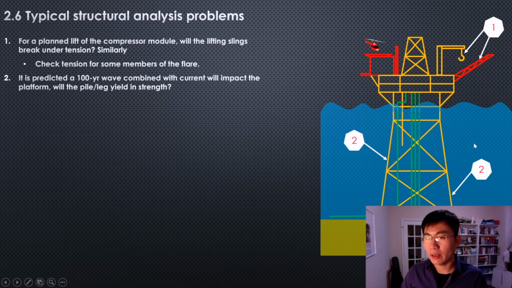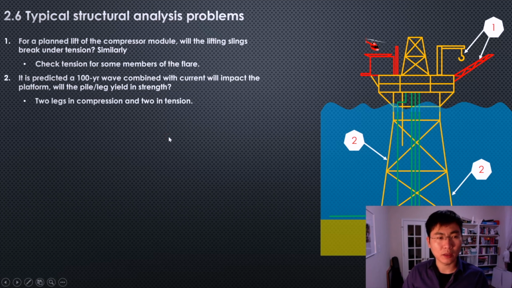We're talking about the leg. The wave is coming this way from left to right. If the bottom is roughly fixed, then this leg will have a tendency to get shorter because of the wave overturning. So it'll undergo some compression. And this one on the other side will have some tension force. If we do the math and compare the calculated tension or compression with the capacity, we know whether it's good or not.